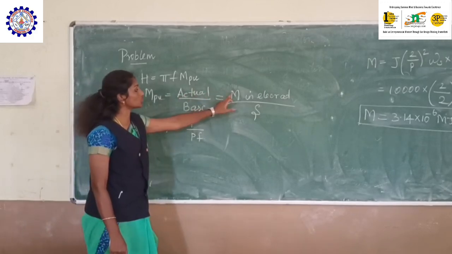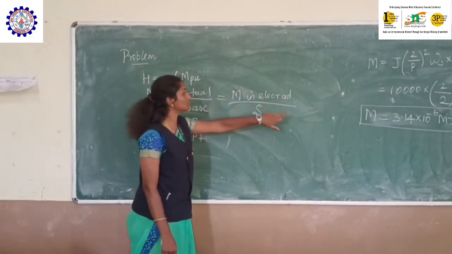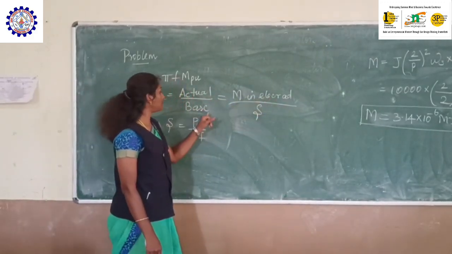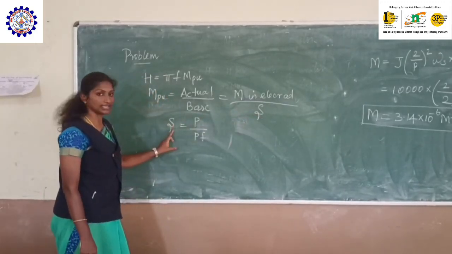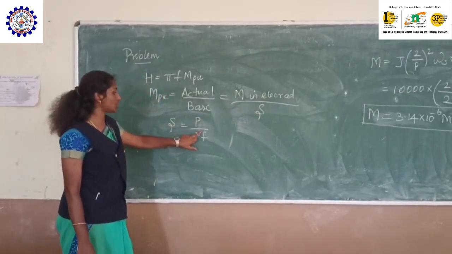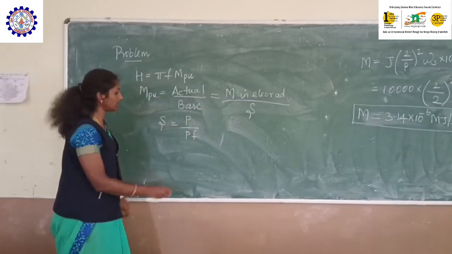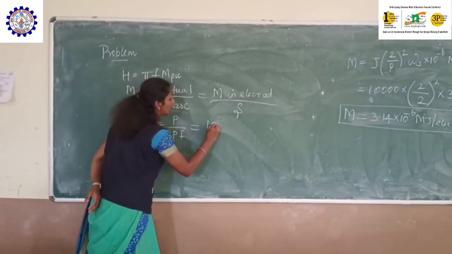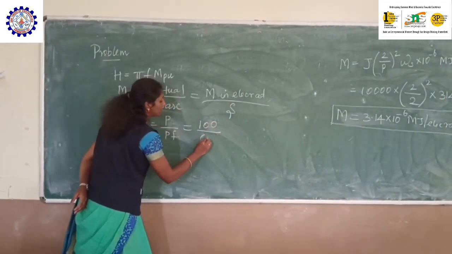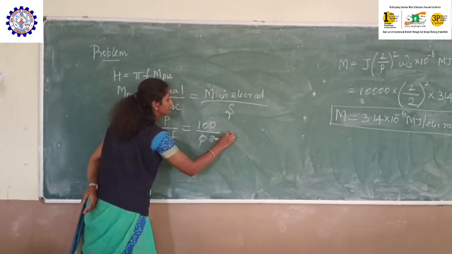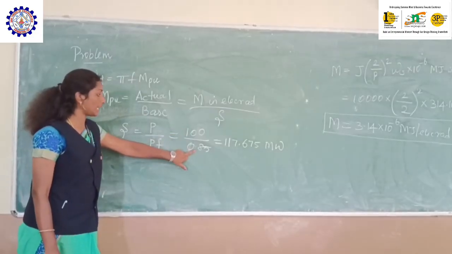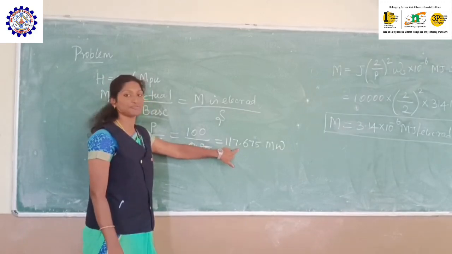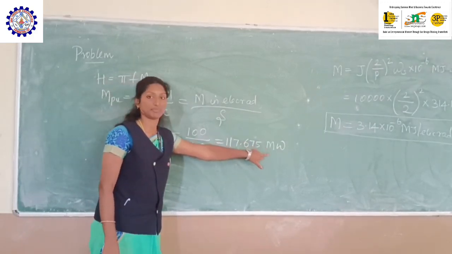Here the actual value is M in terms of electrical radians and the base value is defined as S. To calculate S, it is the ratio of power divided by power factor. The power is 100 and the power factor value is 0.85. When we divide 100 by 0.85, we get the value of 117.675 megawatts.